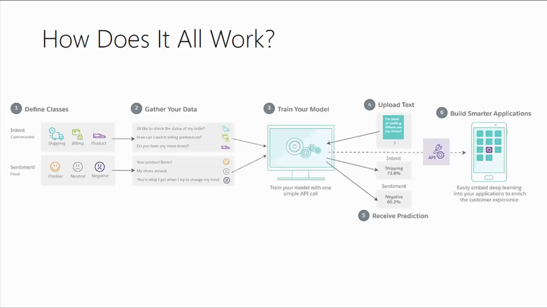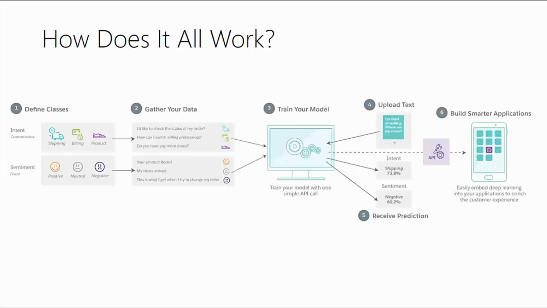Einstein AI is going to evaluate, based on several iterations, this particular question that you've asked in natural language, and then based on the intent, finally it is going to give you the prediction, which is step 5. So the intent or the prediction of shipping is 73.8% and negative is 60.2%.